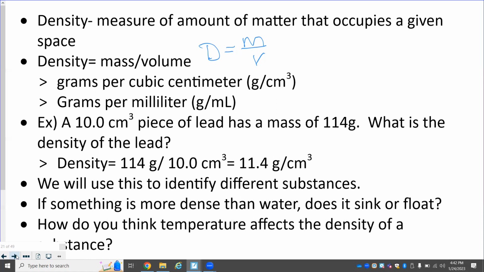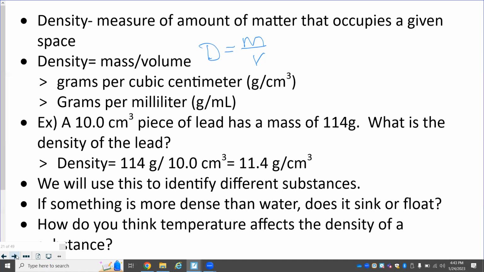And then knowing how densities are affected by different situations. So looking at how temperature affects density of a substance. So this you dealt with in earth science as well, with like wind and ocean currents. We talk about hot air rises.